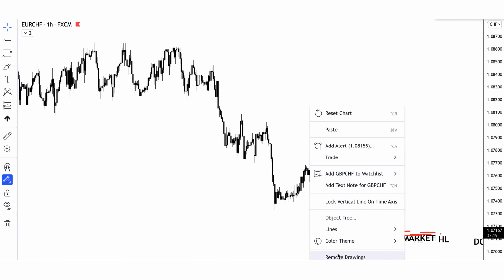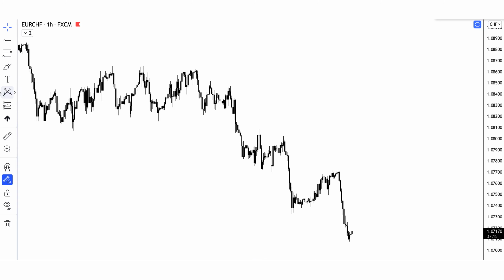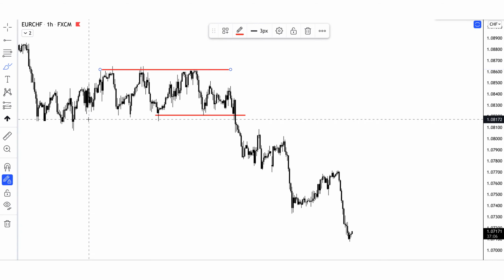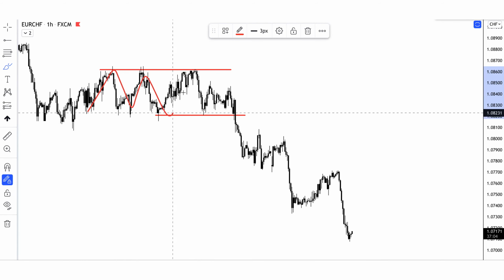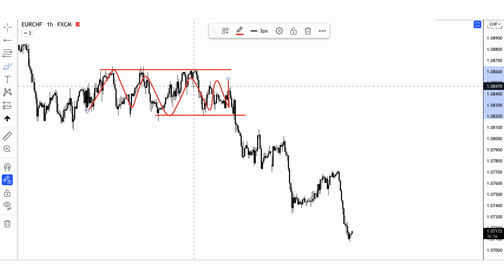I'm just going to remove these drawings here. And what we can see here is, I'm just going to categorize the chart for you guys. Here we have a ranging market, right? This is the third thing that we discussed. You can see price is just ranging inside here. Therefore, if you're trading a trend following strategy, you don't want to be taking trades within this range.